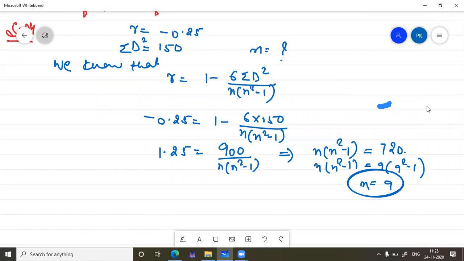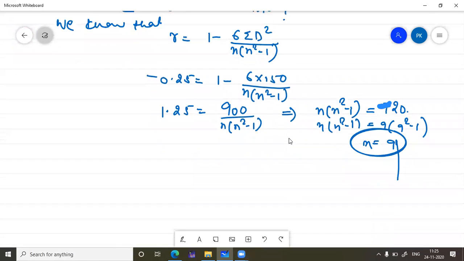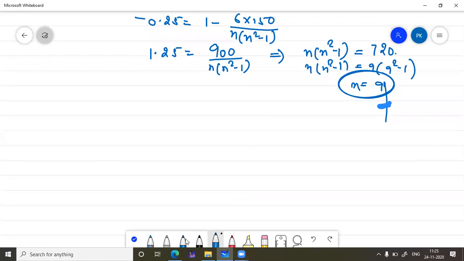Yes, ma'am. Now let's see one more problem. Question here is the coefficient of rank correlation is computed by Spearman's method, and rank obtained by 10 students.